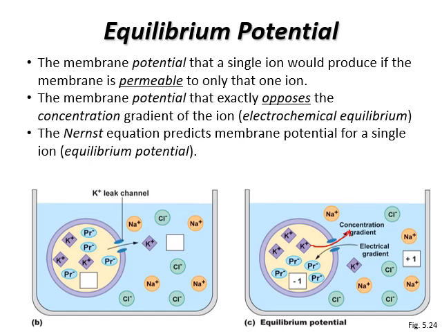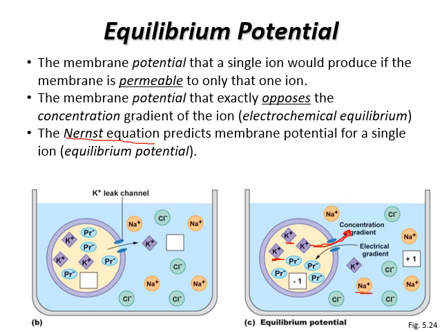The concentration gradient is drawing potassium in this direction, but remember, the membrane potential is -70. What the Nernst equation assumes is that the membrane is only permeable to that specific ion, potassium, or if we're calculating the equilibrium potential for sodium, that the membrane is only permeable to sodium.